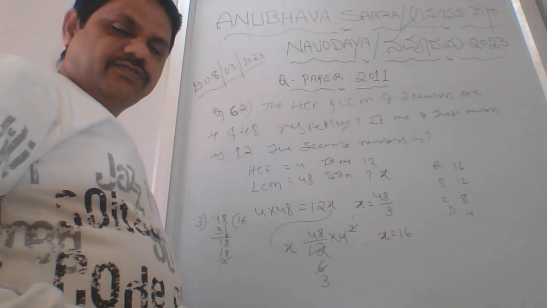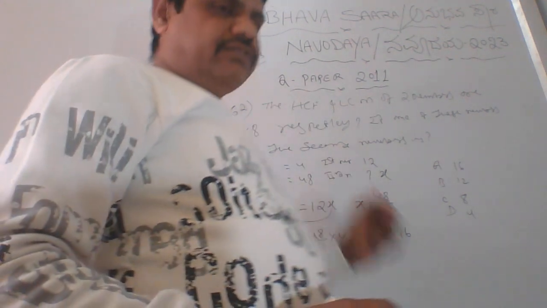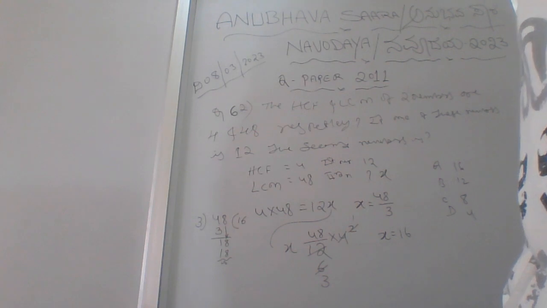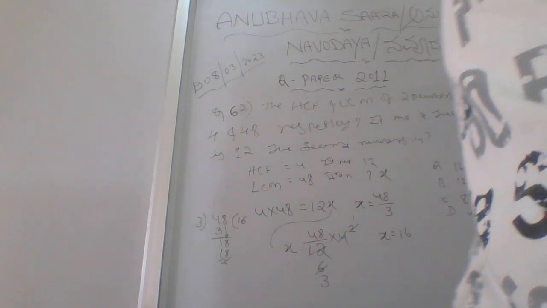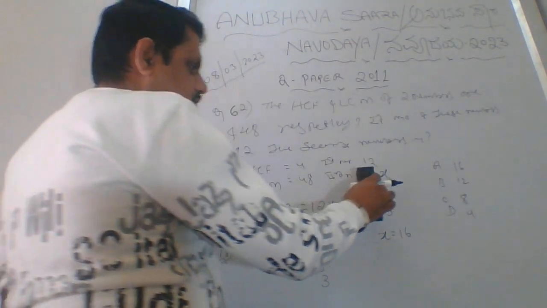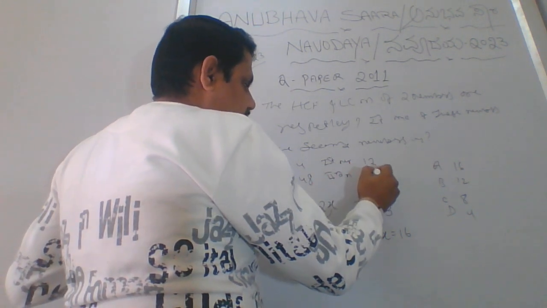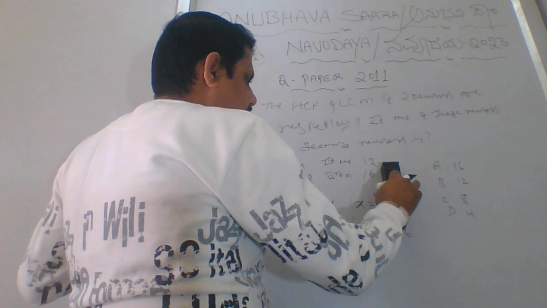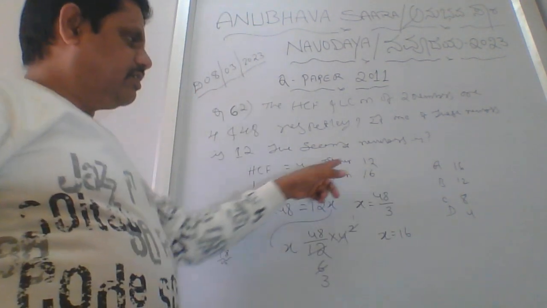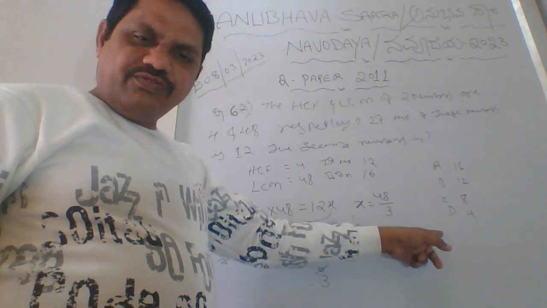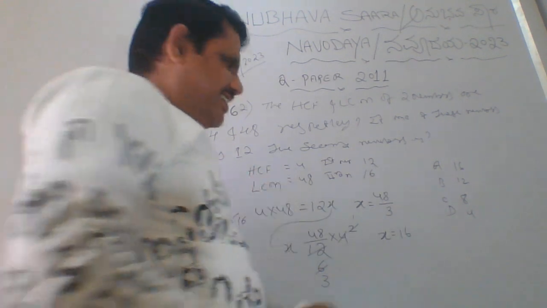That means our answer is 16. The first number is 12 and the second number is 16. So do we have 16 in the options? Yes.